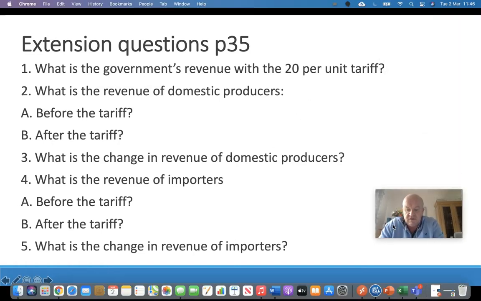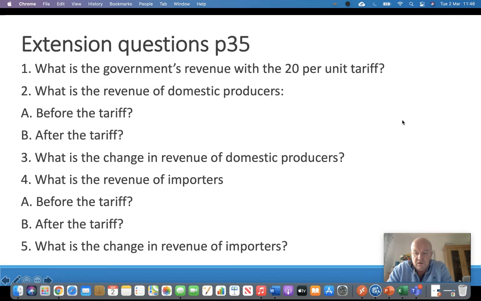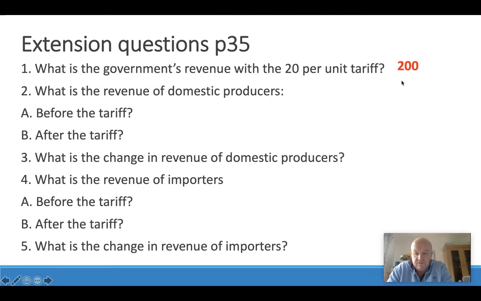So obviously that's going to depend on the amount demanded too, but in this instance that would be 200. Okay, so the 20 pence per unit basically has been added to the price, and in this case the amount of revenue generated would actually be 200.